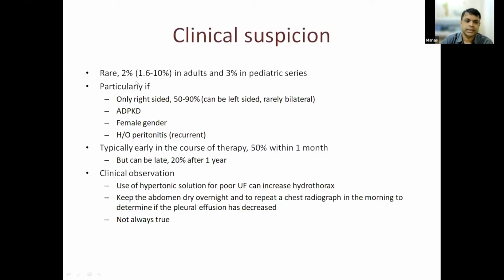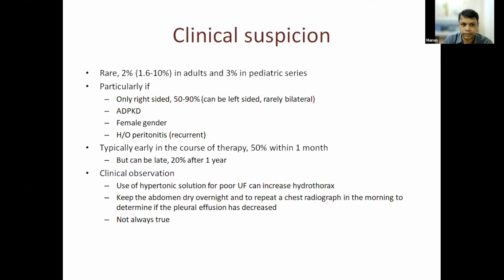The incidence is around 2%, not very much. In pediatrics it is a little higher, 3%. Particularly it is right-sided, because most PD-related hydrothorax are right-sided. Very few are left-sided, and it can be bilateral. We have 2 cases, one of whom presented as bilateral pleural effusion.